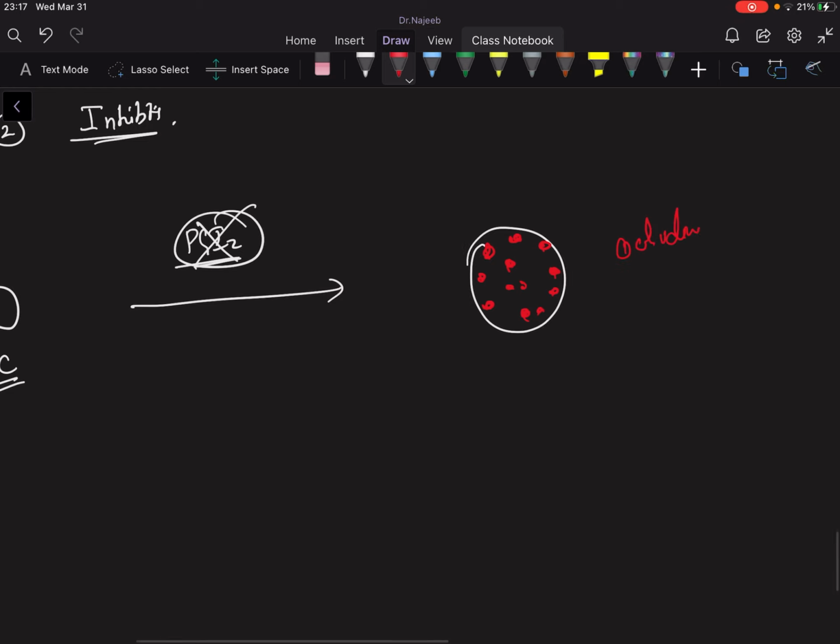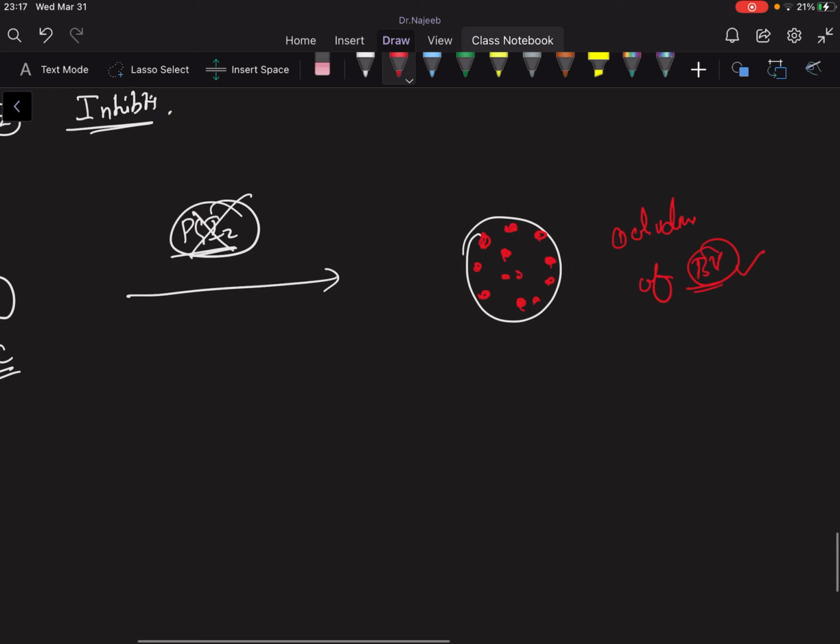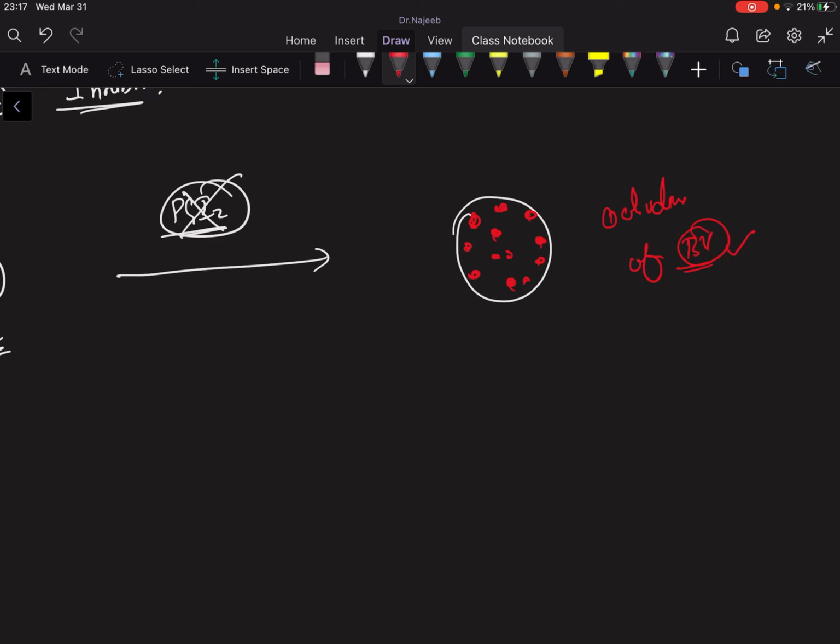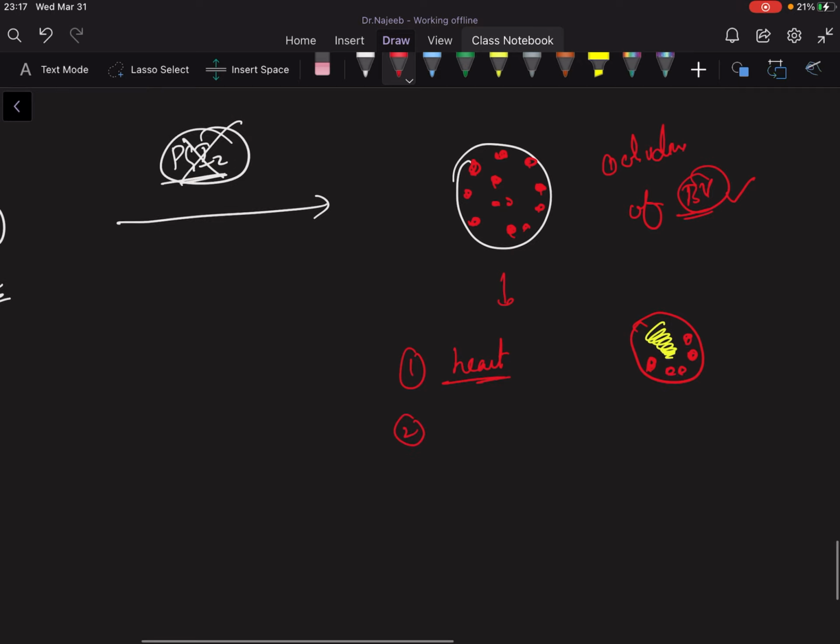There is occlusion of the blood vessel. So what happens if the blood vessel is occluded? Suppose the patient is a heart patient who has a lot of cholesterol in his blood vessel, and upon that you add these platelet plugs. So what will happen? The patient will die, right?